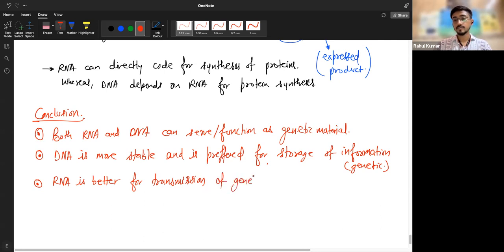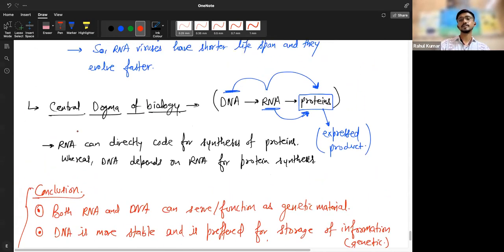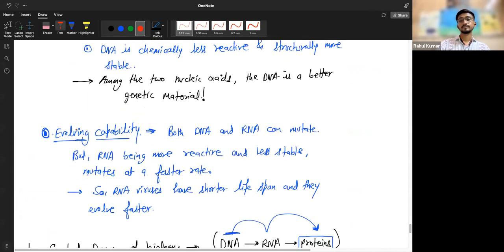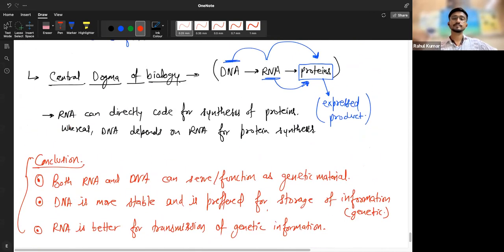Or in the same cell, like making proteins. So RNA is better for transmission of genetic information, and DNA is better for storing the genetic information. You understood about DNA versus RNA? All the three things? Everyone understood?